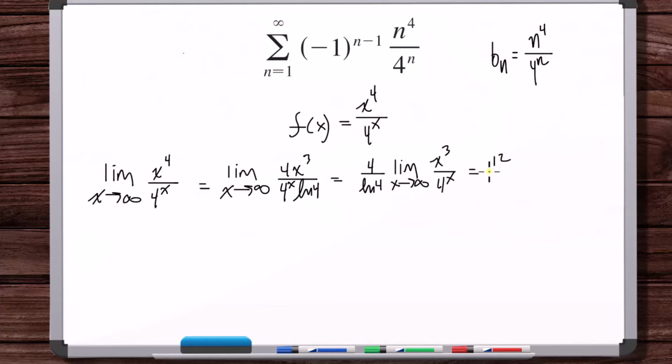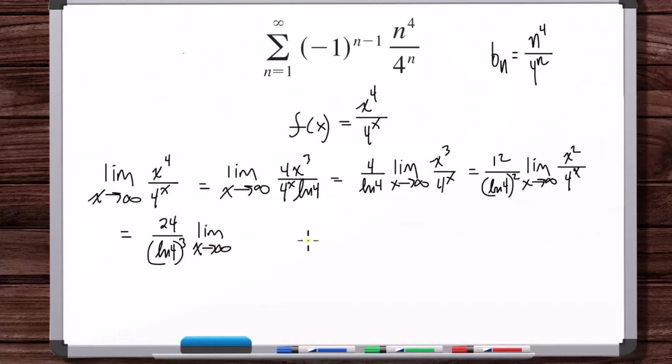You've got 12 over natural log of 4 squared, limit as x approaches infinity of x squared over 4 to the x. Once again, we've got infinity over infinity. L'Hopital's rule again, so we're going to have 12 times 2 is 24 over the natural log of 4 cubed, and then we've got x over 4 to the x.